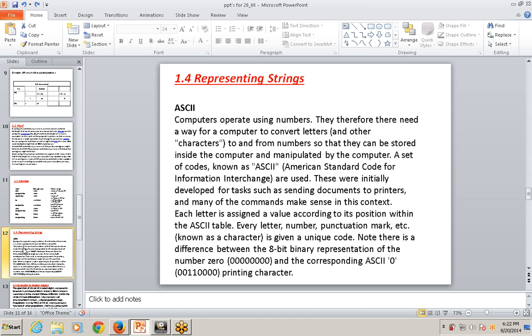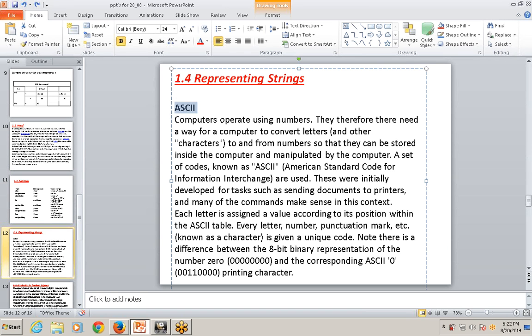Now, let's see what the ASCII characters are. This is your ASCII characters. This says computers operate using numbers. Therefore, there needs to be a way for a computer to convert letters and other characters to and from numbers so that they can be stored inside the computer and manipulated by the computer.